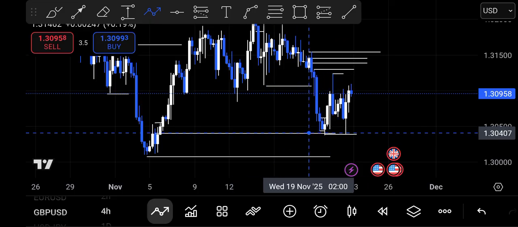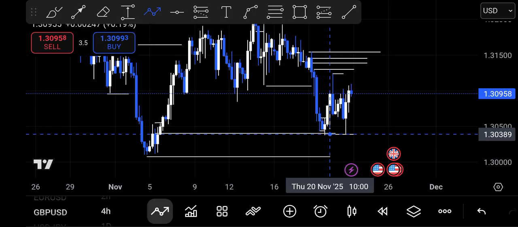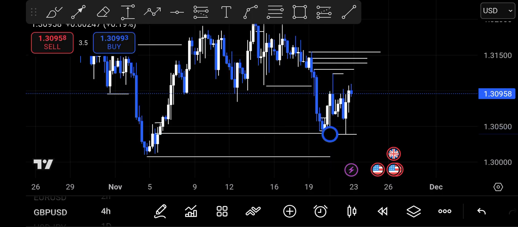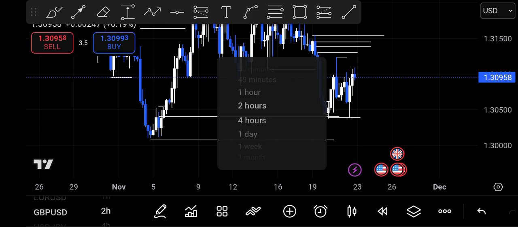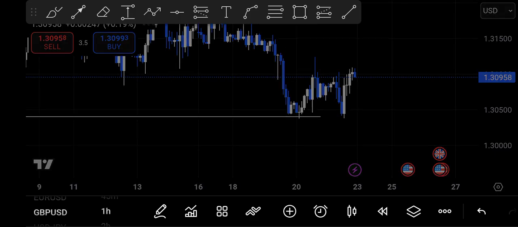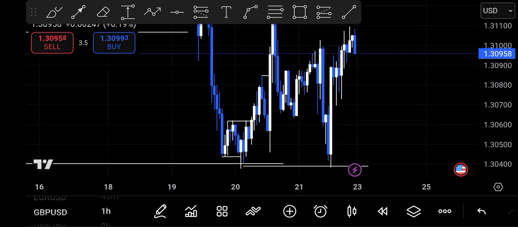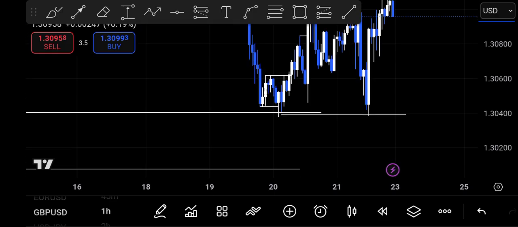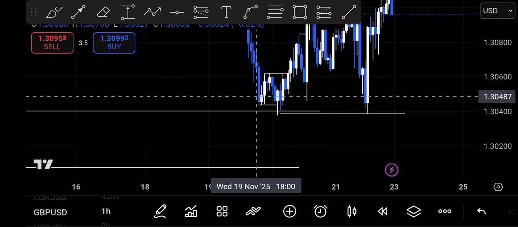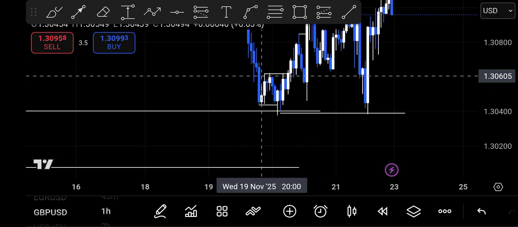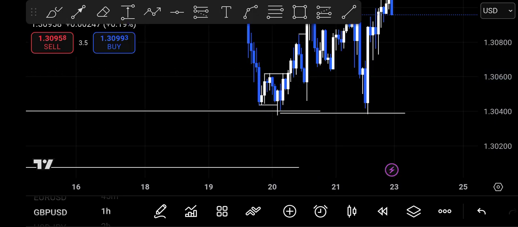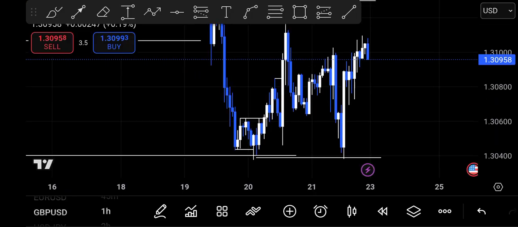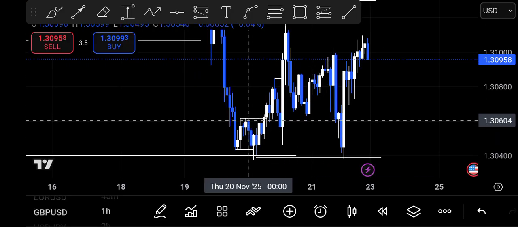After price mitigated this supply zone, around here, I switched to a lower time frame, which is 30 minutes or 15-minute time frame. After price touches that supply zone, I waited for a shift in structure, which is somewhere around here. Price grabs liquidity, gives us shift in structure.